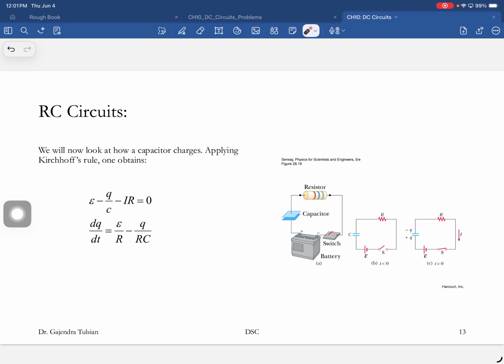That's time 0. Now things will change in the circuit, and we want to study them. You close the switch, and now this is a complete circuit. What does Kirchhoff's second rule say? That the sum of the voltages around that loop should add up to 0. So we're going to use that rule.